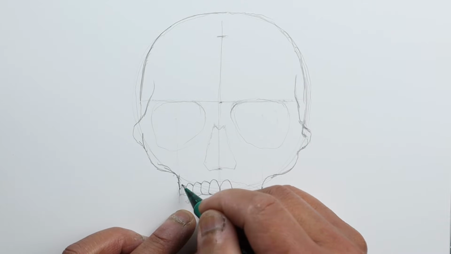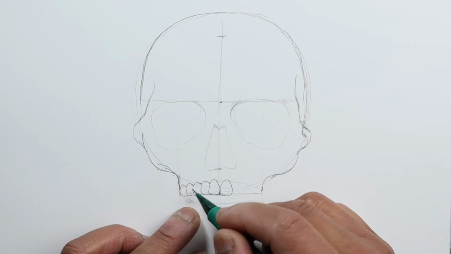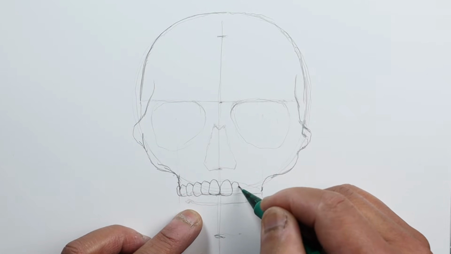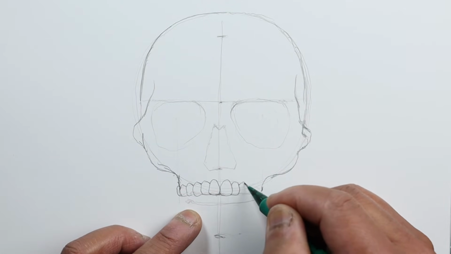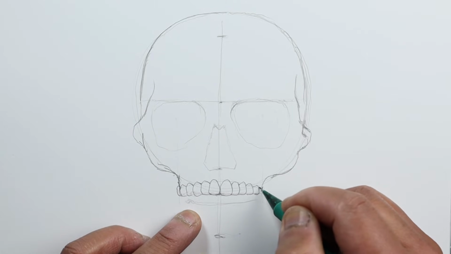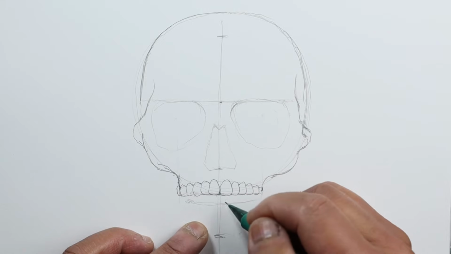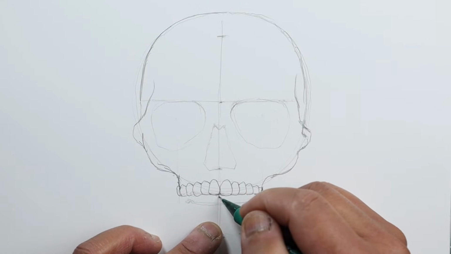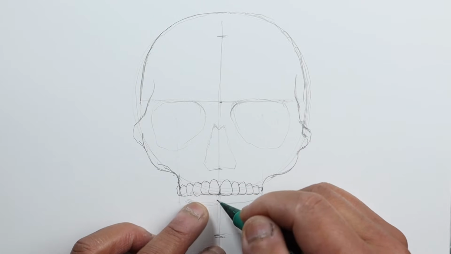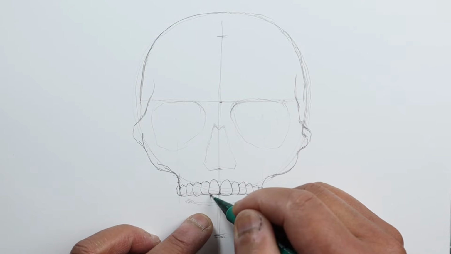And we'll just draw like 6 teeth here. 1, 2, 3, 4, 5, and 6. And 1, 2, 3, 4, 5, 6. And again, let's draw some bottom teeth, and these will fall behind the upper teeth, so you're not going to see the tops as much.